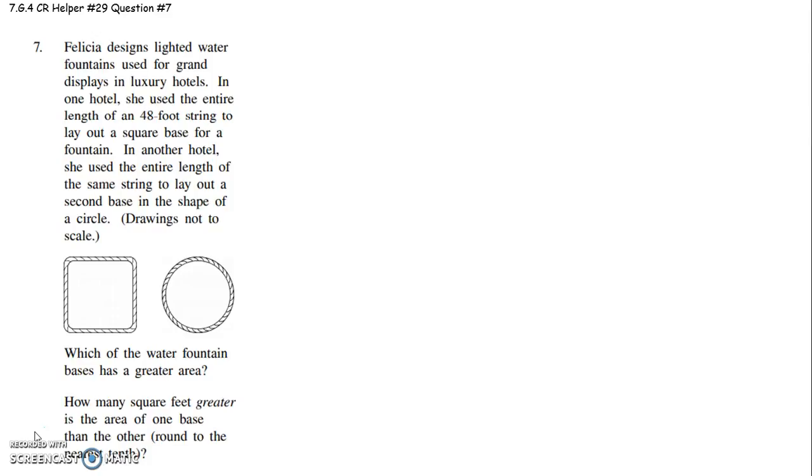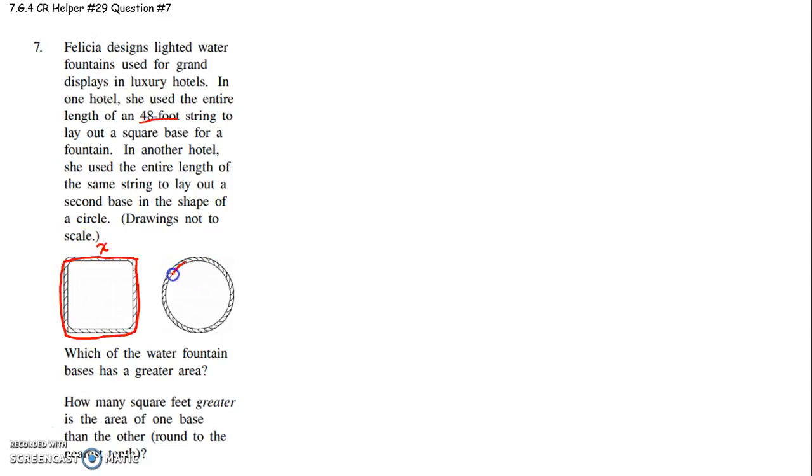How many square feet greater is the area of one base than the area of the other? Round to the nearest tenth. Okay. First, let me say this 48-foot string is going around the outer edge. So before we can discuss area, we need to find the length of one edge here.